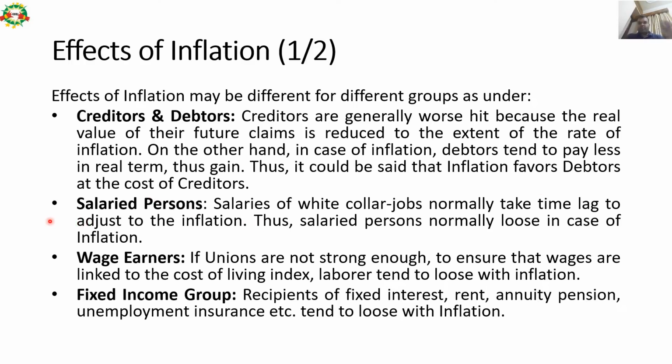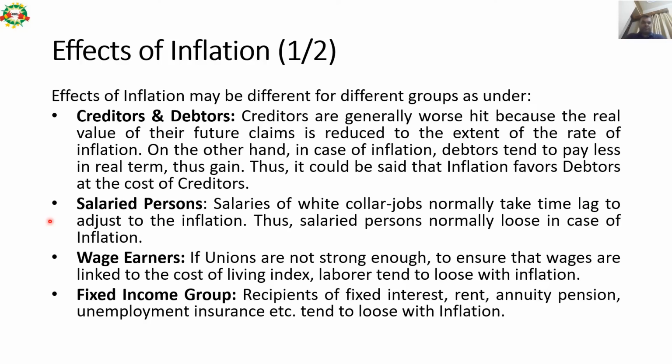If we talk about the effects of inflation on salaried persons, salaries of white collar jobs normally take a time lag to adjust to the inflation. The salaried persons normally lose in case of inflation. For salaried employees, inflation tends to rise first, and after some time lag, maybe 3 months, 6 months, or 1 year, the government announces DA and then the employer increases salary to meet that inflation part.